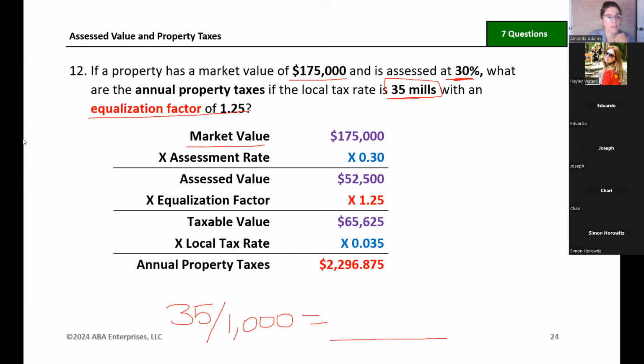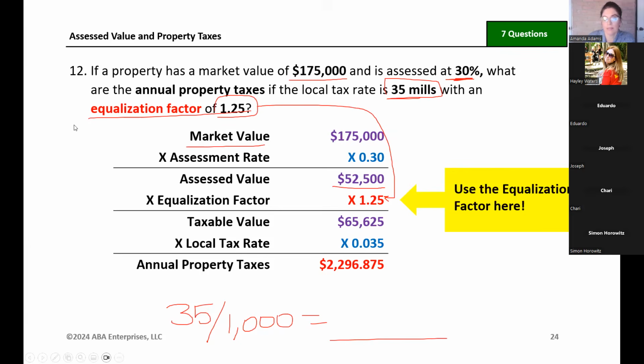That will give us $52,500. Then we have our equalization factor of 1.25. Let's plug that in right here and multiply, and we'll get $65,625.